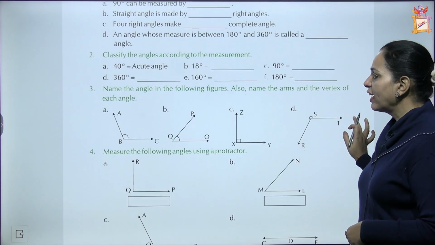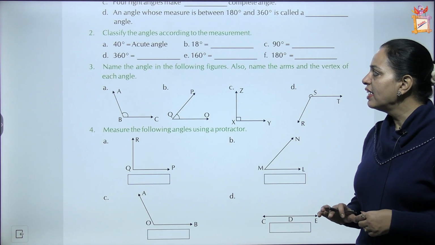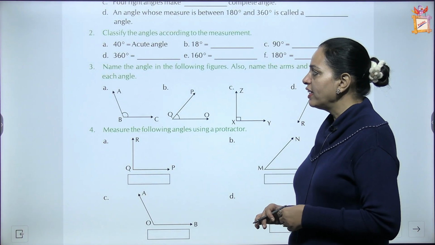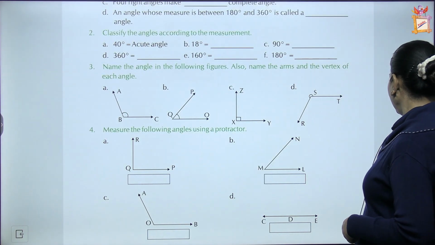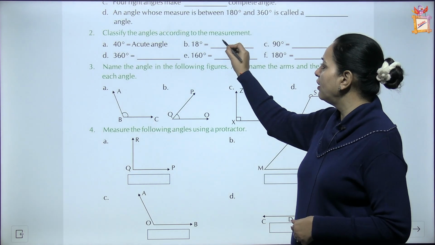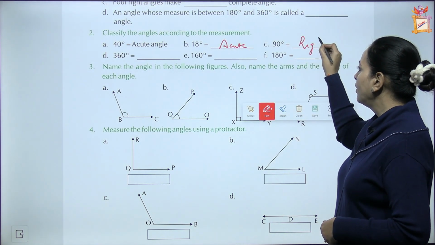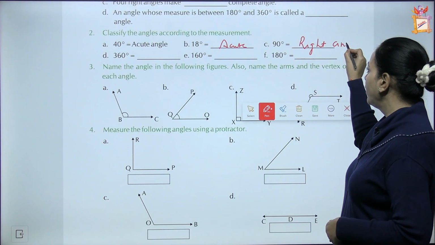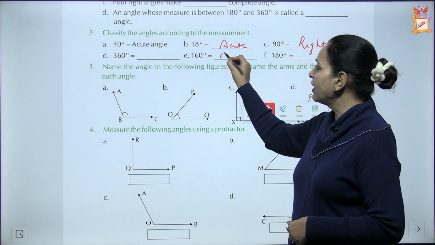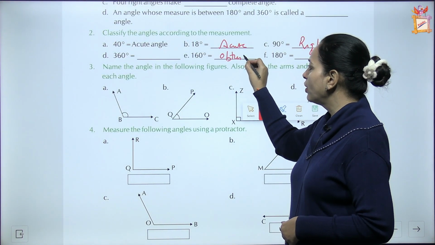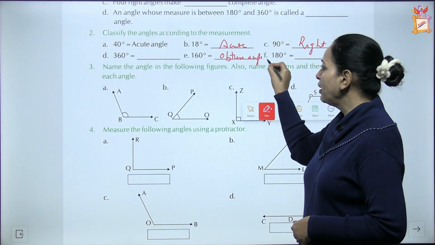The next is the second one, classify the angles. Like A part, 40 degrees is an acute angle, 18 degrees acute angle, 90 degrees right angle, like this, 160 degrees obtuse angle. So like this you can try the remaining parts.